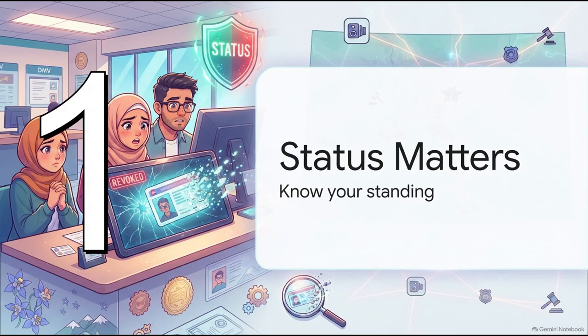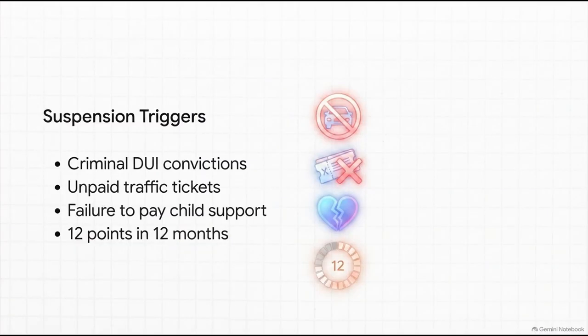Let's start with the why and look at how easily a perfectly good license can just vanish. Understanding the state's enforcement mechanisms really is your first line of defense. Now, what's really fascinating here is how completely non-driving issues can instantly bring your driving privileges to a screeching halt. Sure, criminal DUI convictions or racking up 12 points in 12 months as an adult will trigger a suspension.